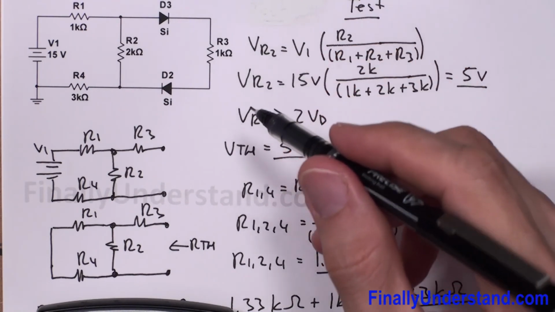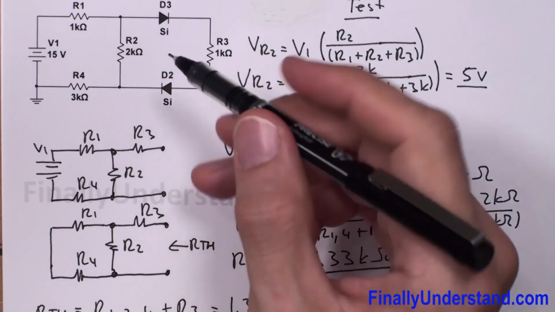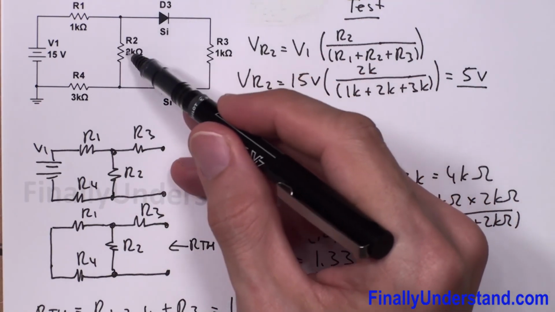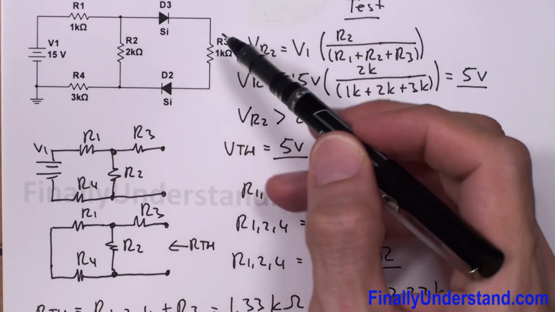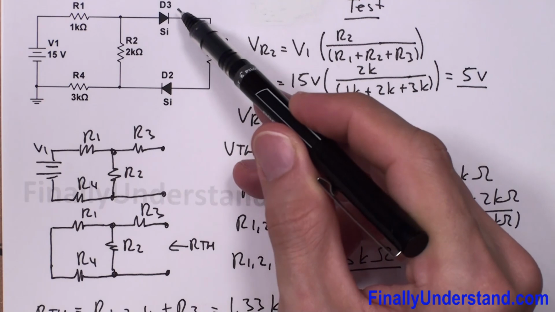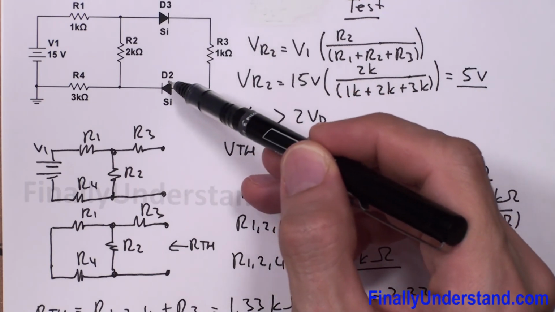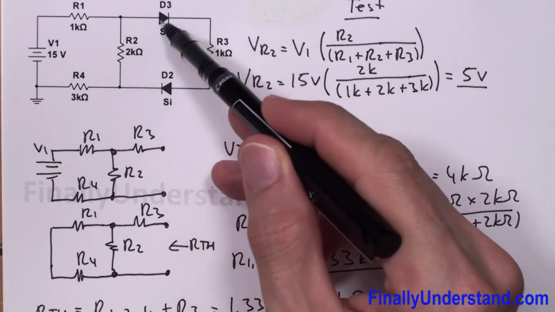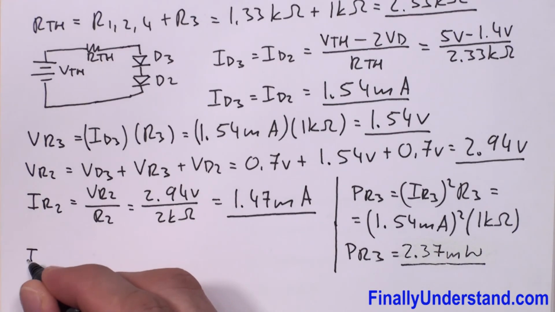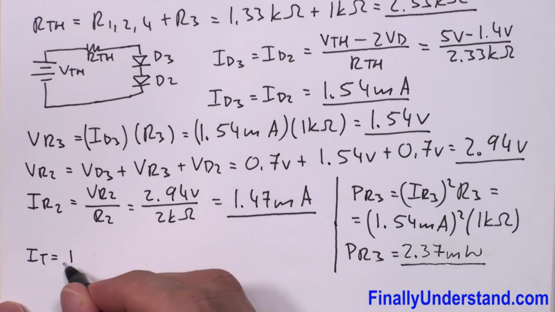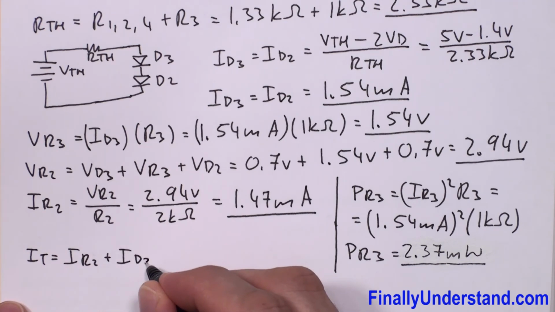Next, I'm supposed to find the total current. Okay, total current is going to be nothing else than the sum of these two currents, current IR2 and current ID3. Please keep in mind that ID3 is equal to IR3, and this is also equal to ID2. So I total is equal IR2 plus ID3.